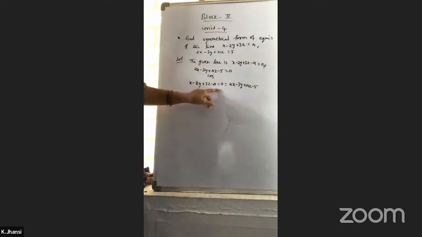Combining these two plane equations gives the one line equation. So the given line is this one.